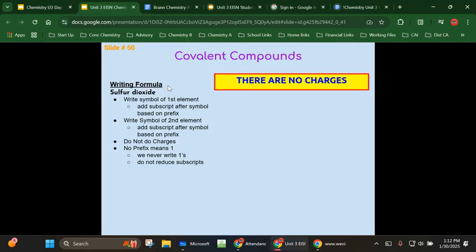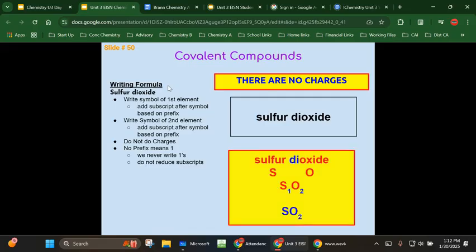So sulfur, how many are here? 1. Dioxide, 2 what? So what's your formula? SO2. That's it. You're done.